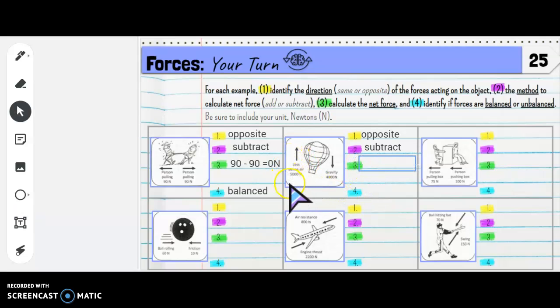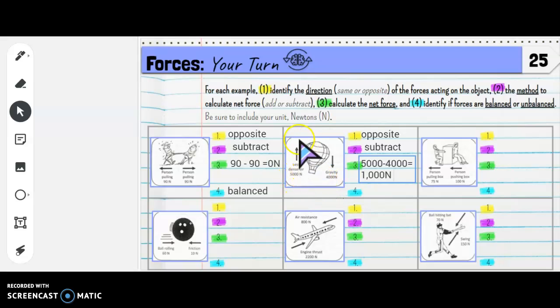So again, looking at the forces, I have 5,000 and 4,000. So I'll put 5,000 first minus 4,000, which equals 1,000 newtons. And since this is not 0, we need to add a direction.